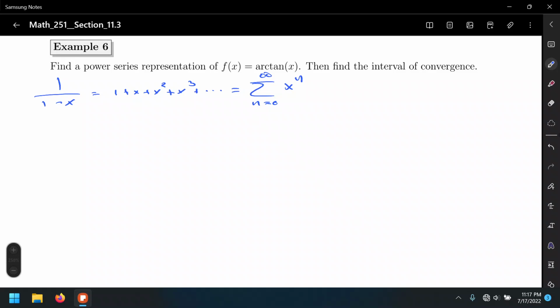So how can we relate 1 over 1 minus x with arctangent x? Think of what we have done before, pretty much at the beginning of the semester, a way to obtain arctan x.